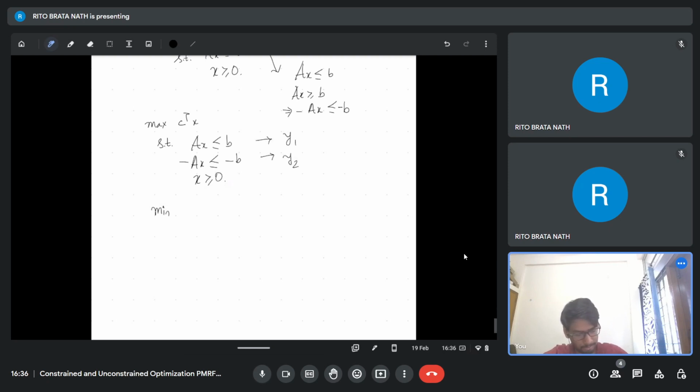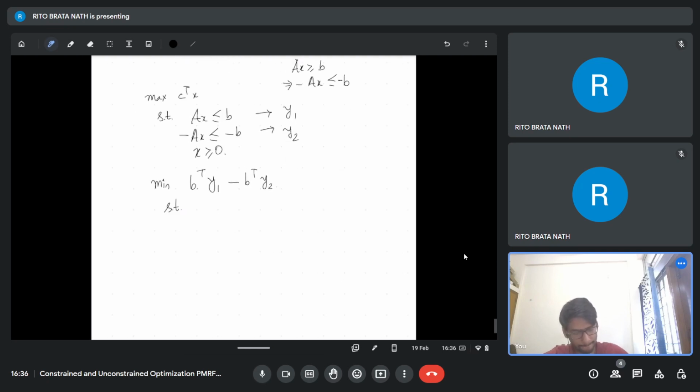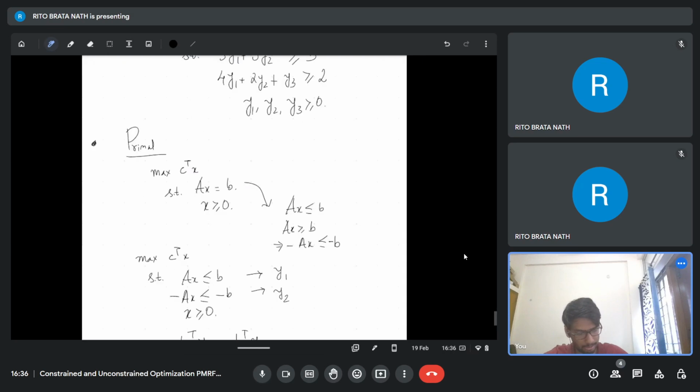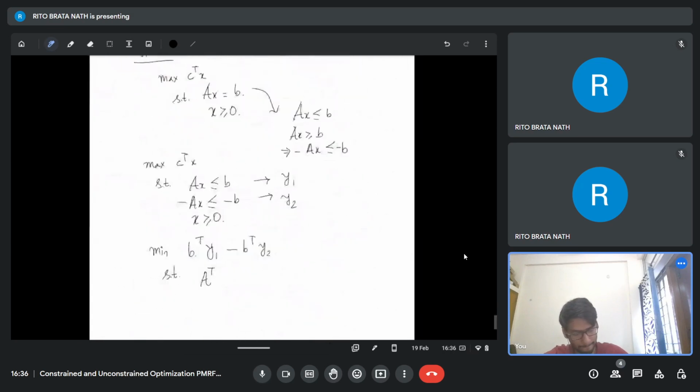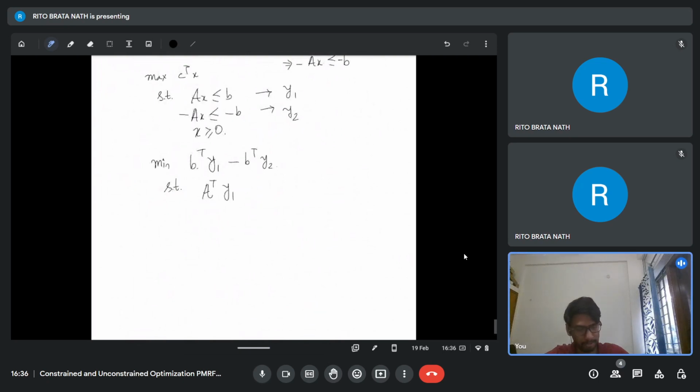You will get B transpose times Y1 minus B transpose times Y2, subject to A transpose times Y1, minus A transpose times Y2, greater than or equal to C transpose.